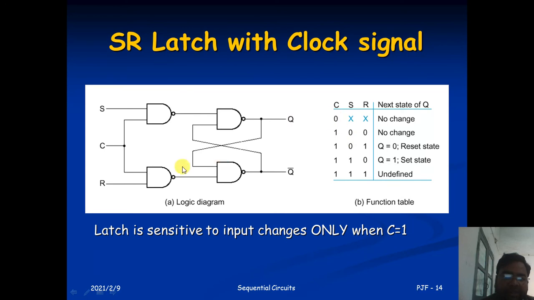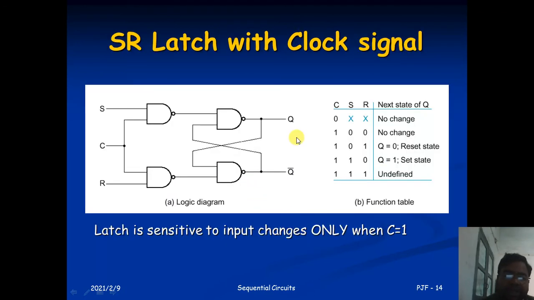When 0 is there at the point of C, the SR flip flop will not work, it will not make any changes, and if the clock is there, then for the 0 0 case we will have no change, and if you are having set pin 0, R pin 1, then it will be the reset state, output will always be 0, and if you are having S as 1 and R as 0, it will be in the set state. This Q is, at the next moment of time, the previous Q, you can say this is Q n plus 1, and if both are 1 1, then that is undefined.